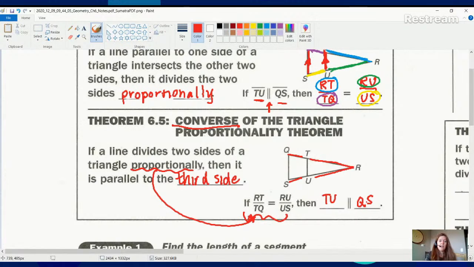So theorem 6.4 is if those 2 lines are parallel, then the segments that it divides into are proportional to each other. 6.5 is the opposite. If the segments that divide 2 lines are proportional, then those 2 lines are parallel. The 2 third sides are parallel to each other. I think it makes sense, pretty straightforward.